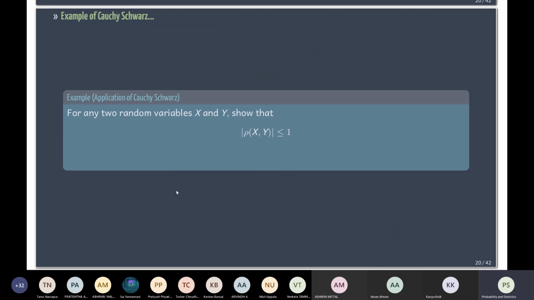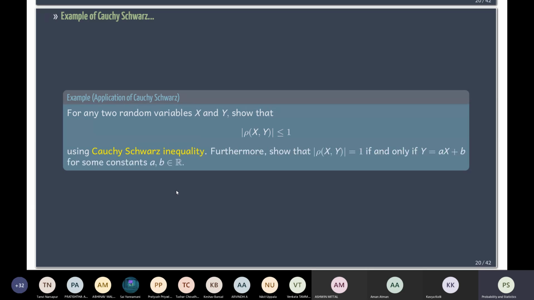One can have some examples of the application of the Cauchy-Schwarz inequality. One application is where we prove that the correlation is less than or equal to 1.